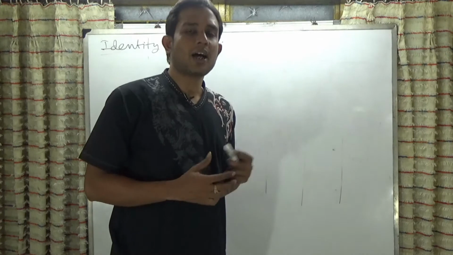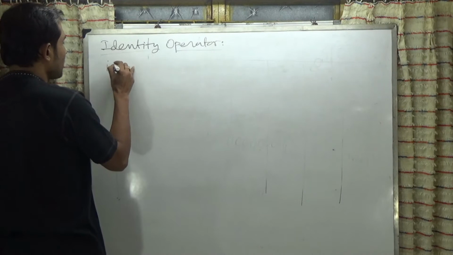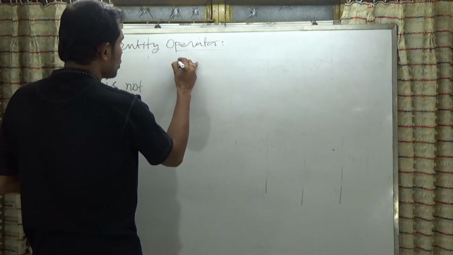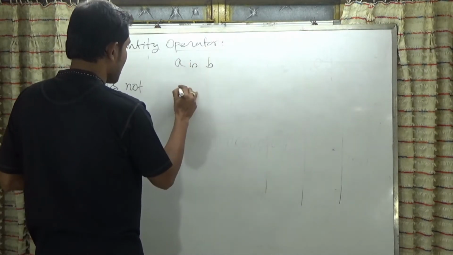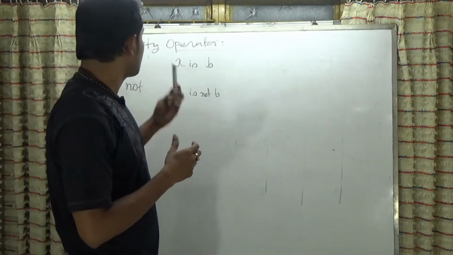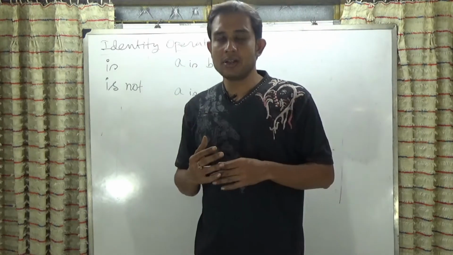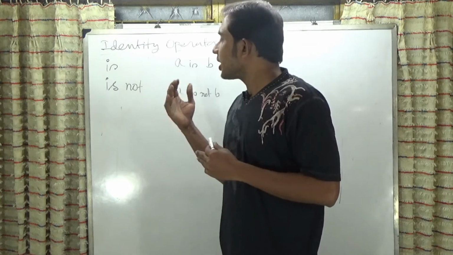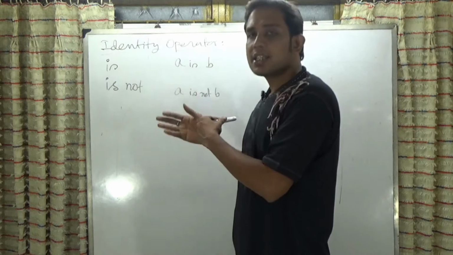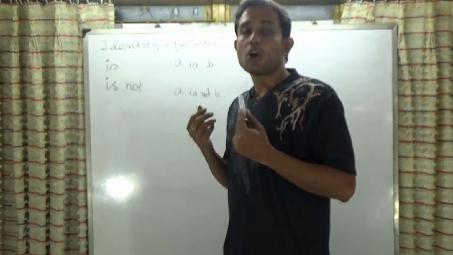Now I am going to explain the identity operator. The identity operator is represented in two forms: one is "is", another one is "is not". Suppose A is B and A is not B. How does this operator actually work? The operator compares whether the two operands present on both sides are holding the same memory address or not.